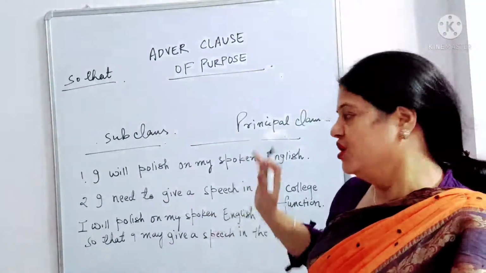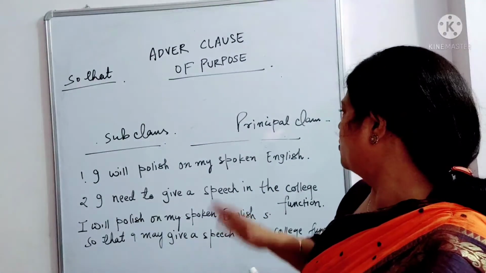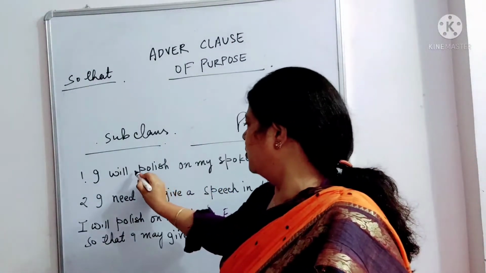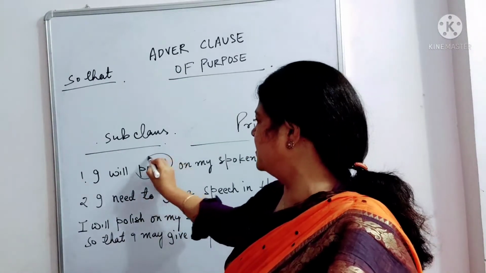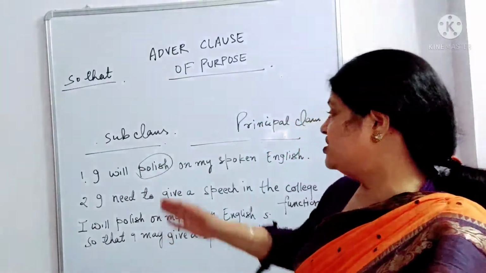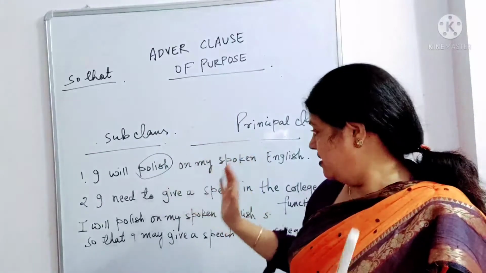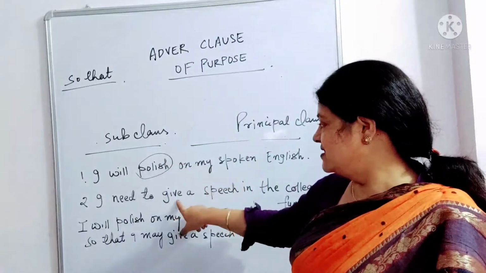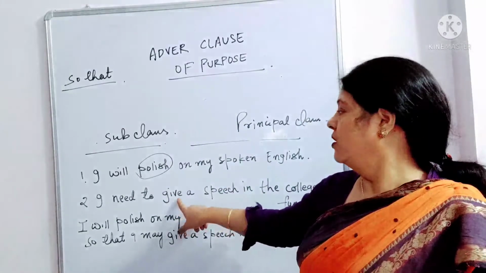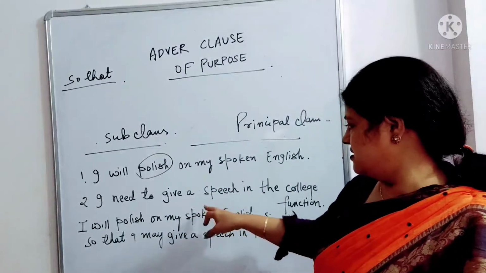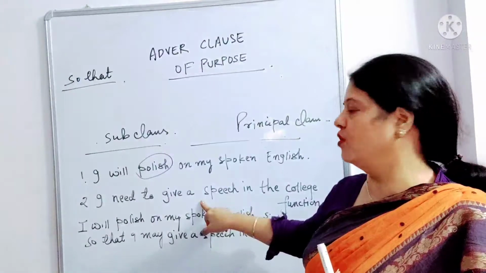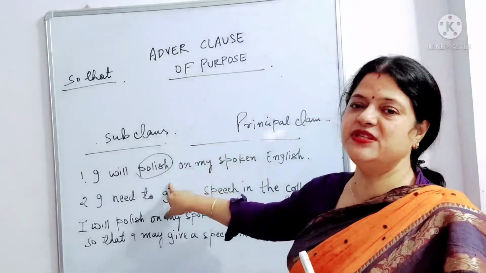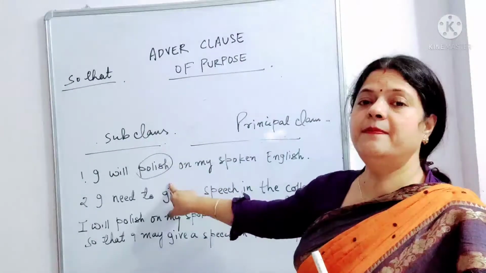Second sentence. So I will polish my spoken English. This polish is the verb in the principal clause which has a purpose. This verb has a purpose, and this second sentence, or you can say this subordinate clause, is fulfilling this purpose of the verb in the main clause.